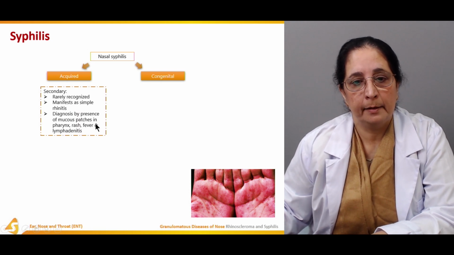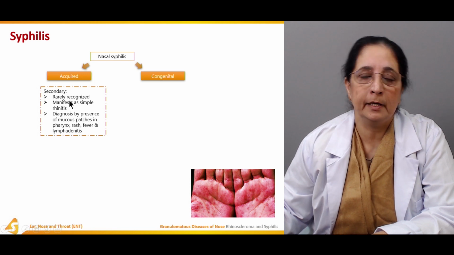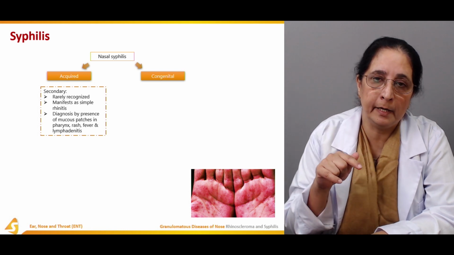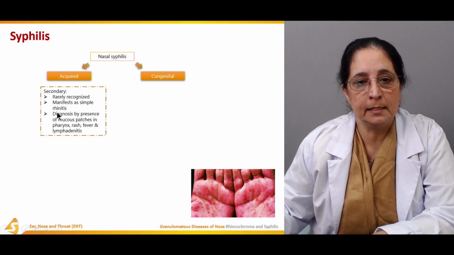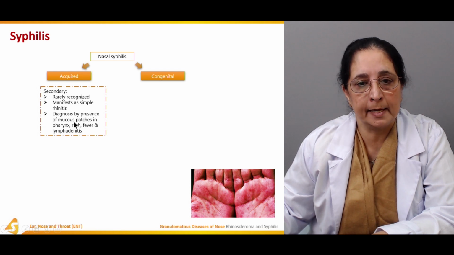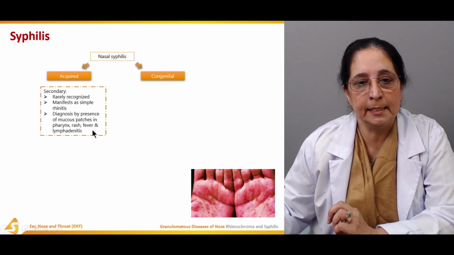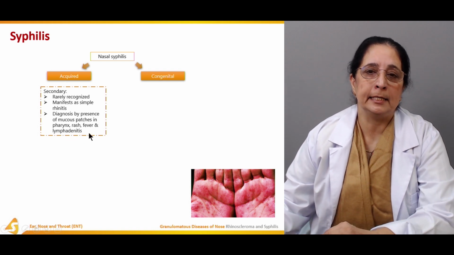Now we are talking about secondary acquired syphilis. Primary is rare. Secondary is rarely recognized, manifests as simple rhinitis, diagnosed by the presence of mucous patches in the pharynx, rash, fever, and lymphadenitis.